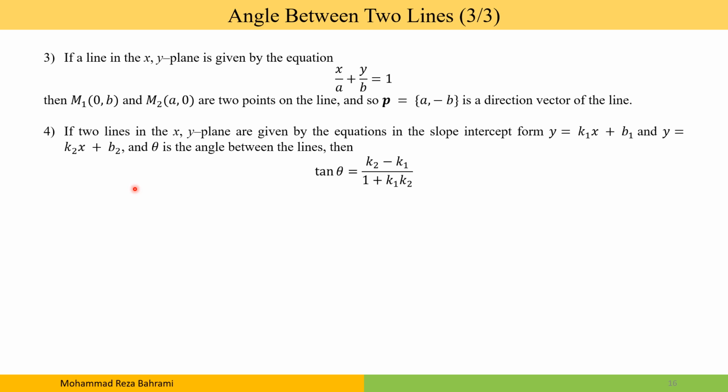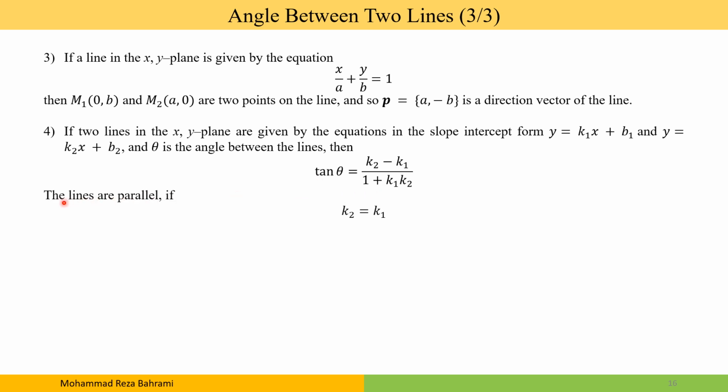If two lines in the xy plane are given by the equations in slope-intercept form, y equals k1x plus b1 and y equals k2x plus b2, and theta is the angle between the lines, then we have tangent of theta equals k2 minus k1 divided by 1 plus k1 times k2.